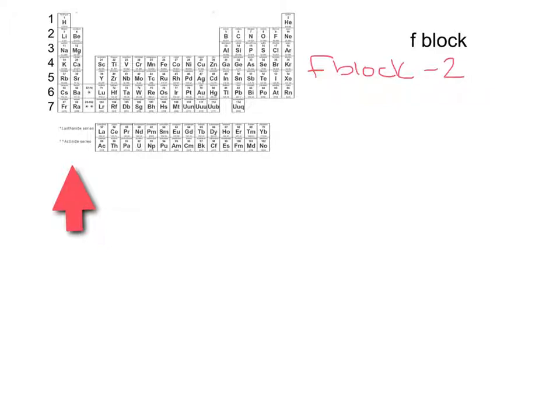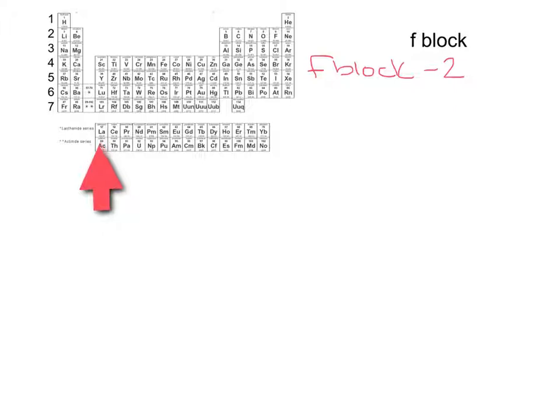So what we're going to do is try to sort through F block. F block is a little bit tricky based on where you land. First, we're going to pretend that we land either here or here. Depending on the periodic table that you see or use, this is actually a little different than the one we use.